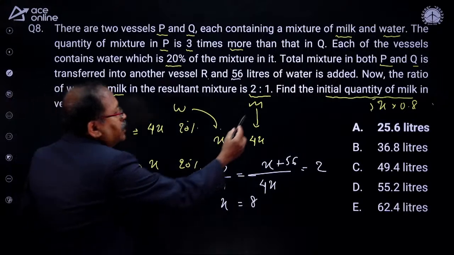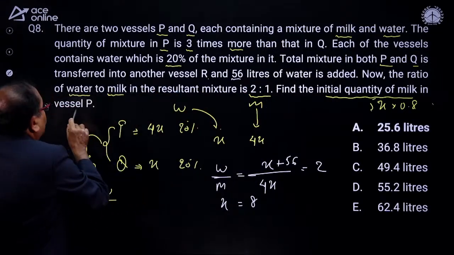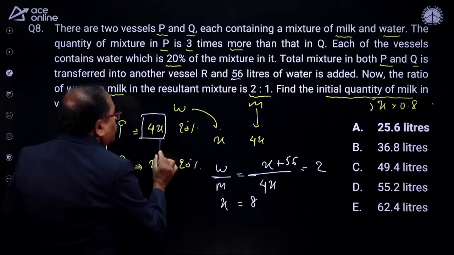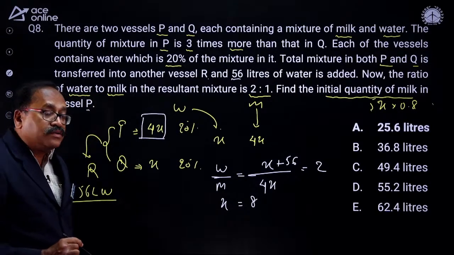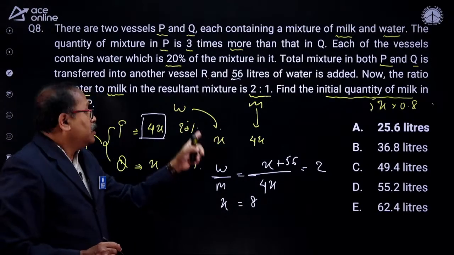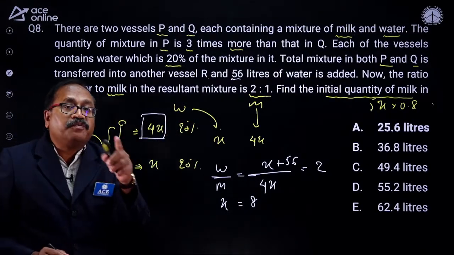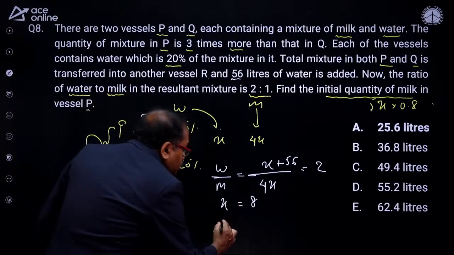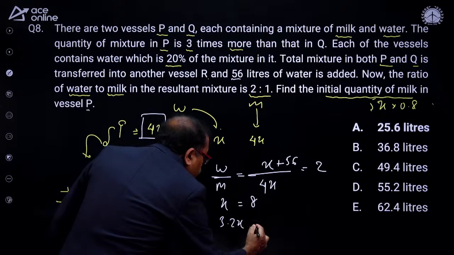आपको क्वेश्चन क्या पूछा गया, देखिए find the initial quantity of milk in P. So the overall mixture is 4x, 80% will be the milk. Okay, 0.8 times 4 is 3.2, that means 3.2x, ये निकालना है हमें. So if x is equal to 8, what is 3.2x?